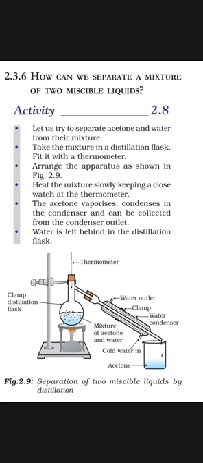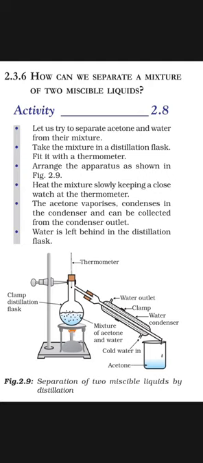In the distillation flask we have a mixture of acetone and water, and acetone has a lower boiling point than water. So as soon as the thermometer reaches 56 degrees Celsius, the acetone is going to evaporate, and when it evaporates it has to be converted into liquid form again. So therefore you have to use a condenser as shown in this figure.